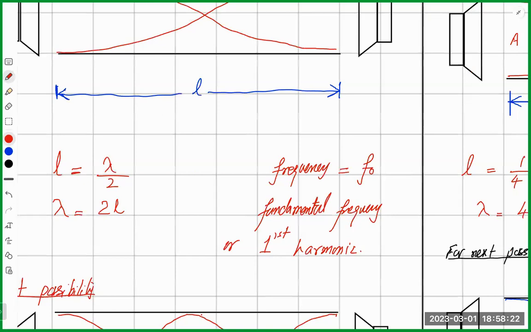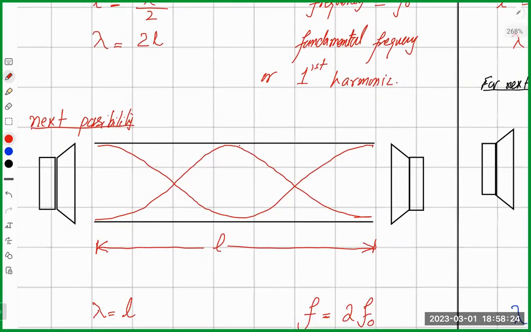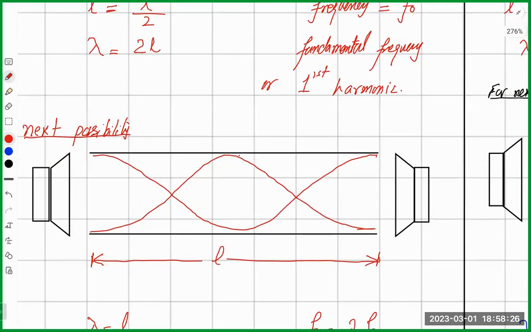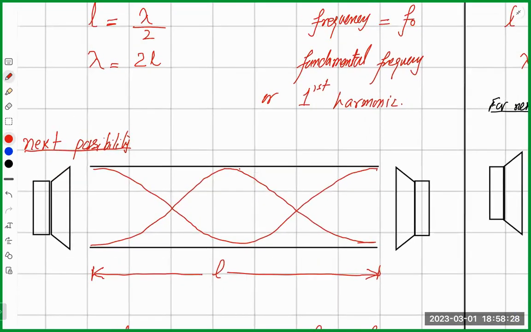Now, the next possibility is this. If this is the next possibility, what will be the wavelength and what will be the frequency in this case? So we have antinode, antinode, antinode. From antinode to antinode, half lambda, then again antinode to antinode, half lambda.